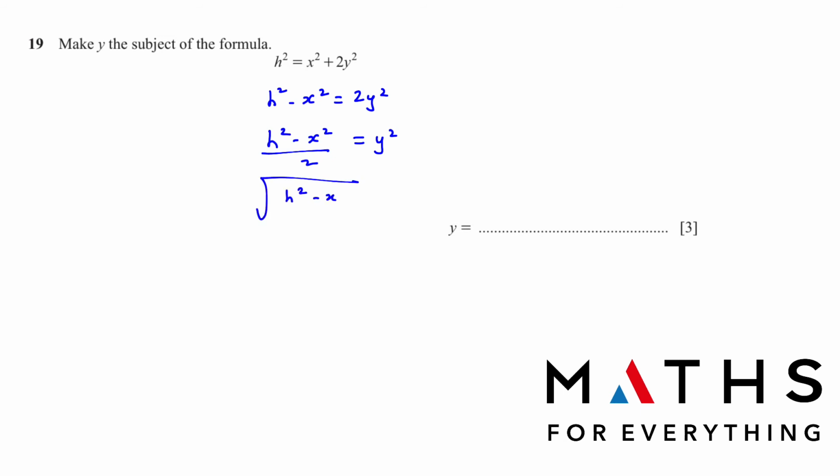Whenever you have a square and you want to remove it, you square root the whole equation. Is equal to y. And we always have to put a plus or minus when you write it. Whenever you square root it, that is the time you need to write a plus or a minus.